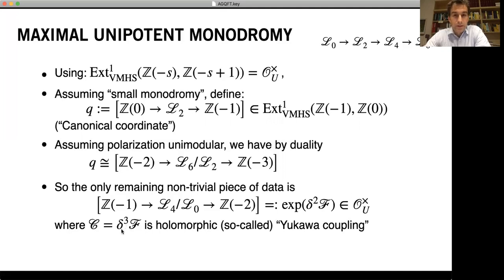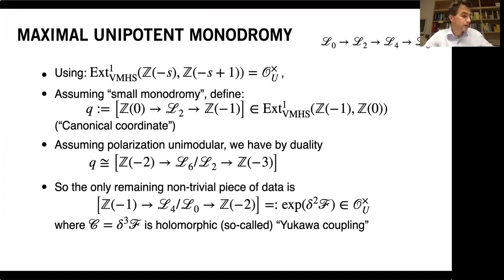I tried to use the LaTeX support in Keynote, and I'm not very happy with the fonts. Anyway, this is the Yukawa coupling, and the statement is that these two functions completely characterize this extension, or this variation of mixed Hodge structure around a point of maximal unipotent monodromy.